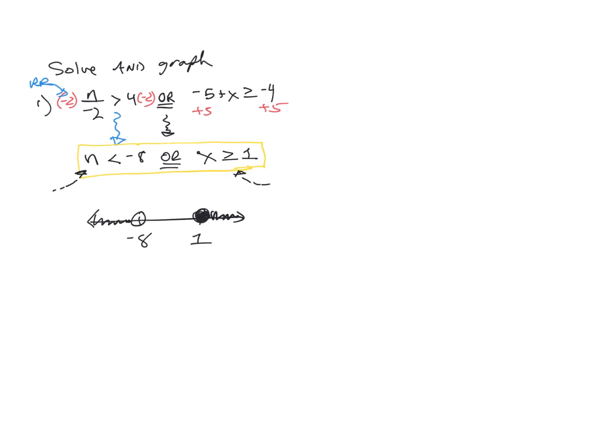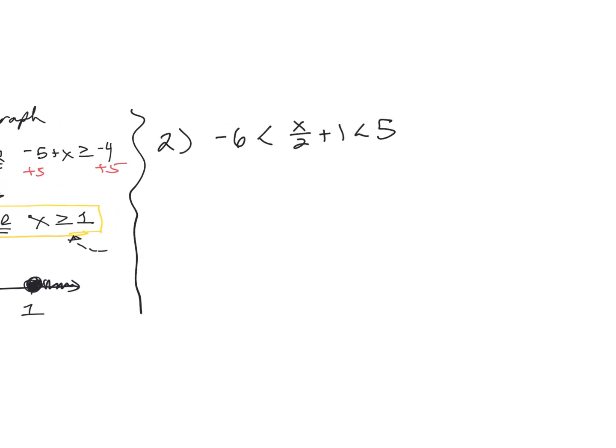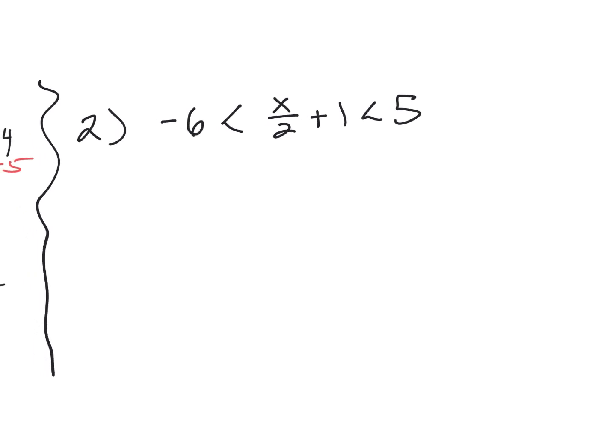Now let's look at a between style and. So let's look at this between style of and. Now, some videos or tutors will tell you just to rewrite it as two separate inequalities with the word and in the middle. And I'm not going to give you credit if you separate it.